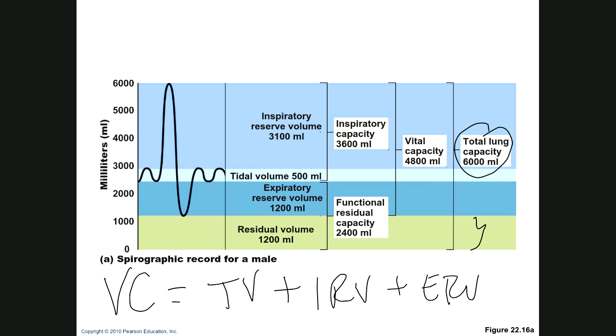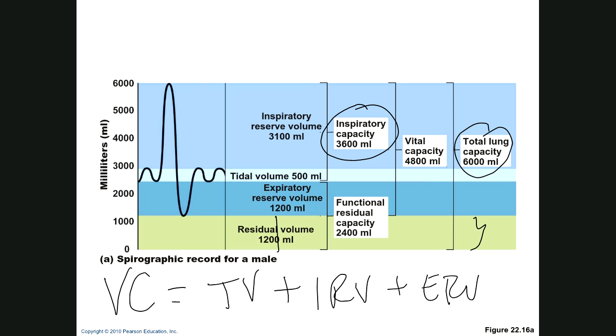Inspiratory capacity is the maximum volume of air that you can breathe in, and that would be the tidal plus inspiratory reserve volume. And then functional residual capacity is the volume of air that you can breathe out plus the residual volume.